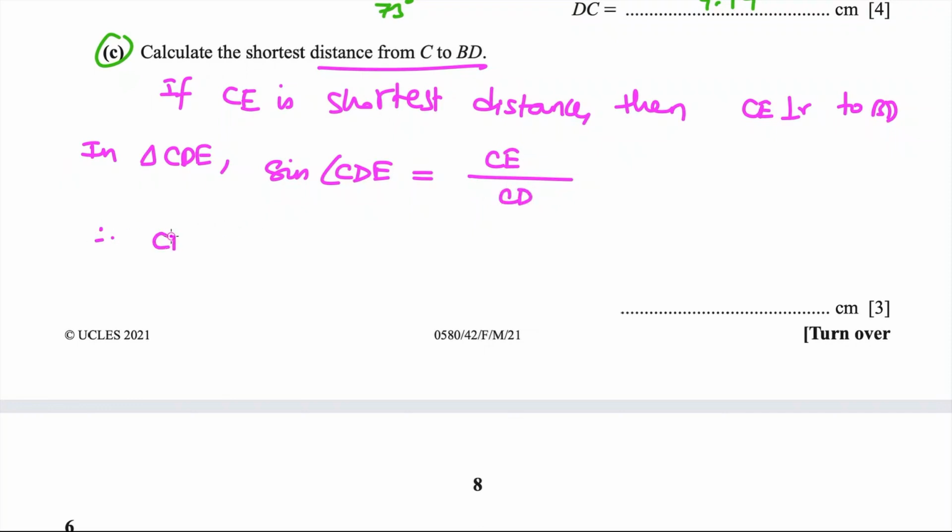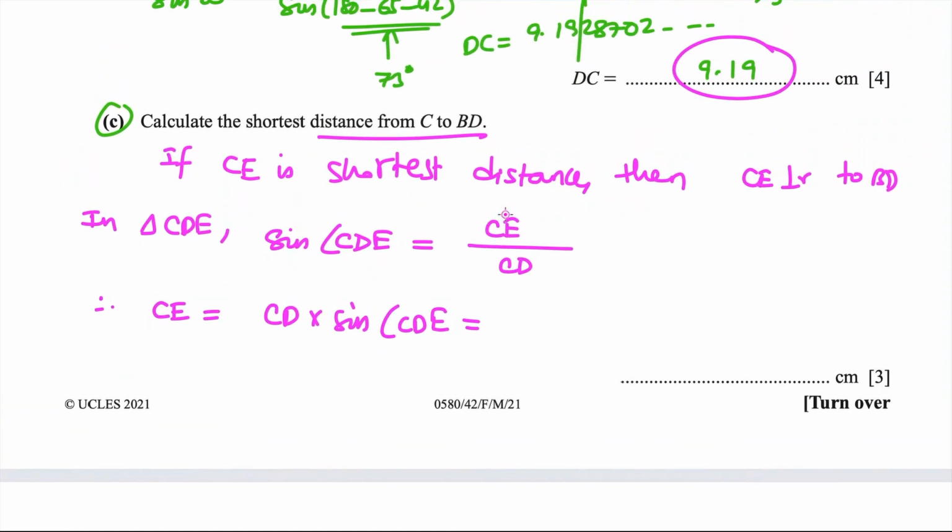So therefore, CE would be equal to CD into sine of angle CDE. I already got CD as 9.1928702 and so on, into sine of angle CDE, which is sine 42 degrees.